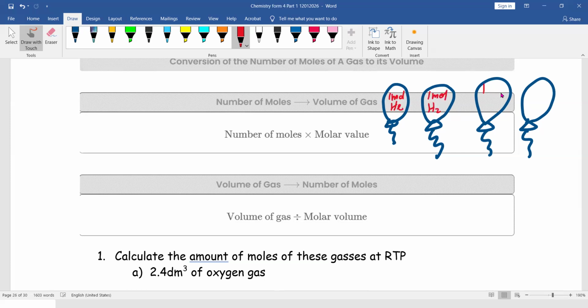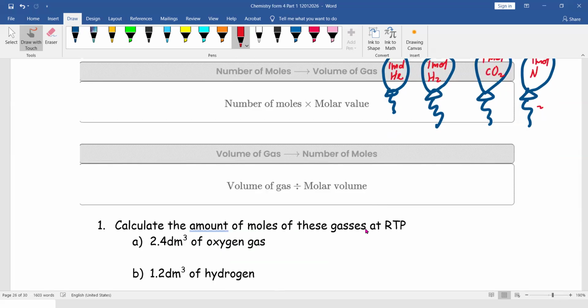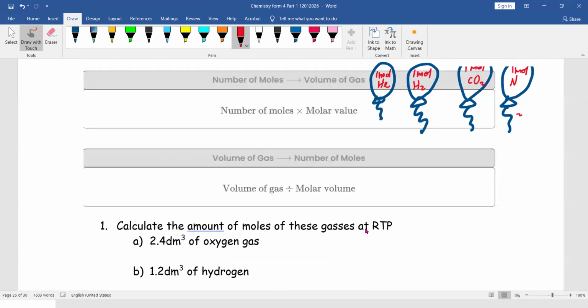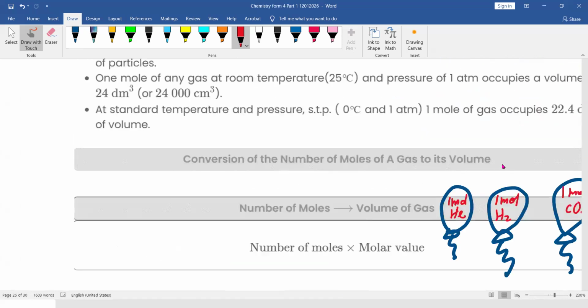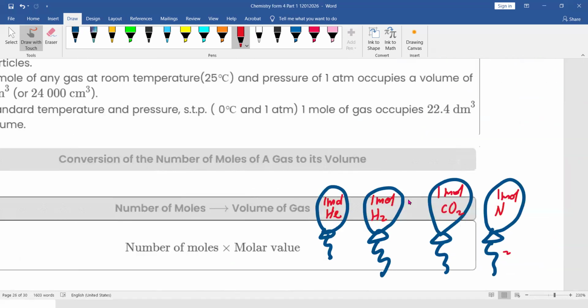This balloon has 1 mole carbon dioxide gas. And this balloon has 1 mole nitrogen gas. Okay? Got it? What I want you to do is number 1, draw these balloons. Number 2, please calculate the mass of each balloon. Calculate for me the mass of each balloon.